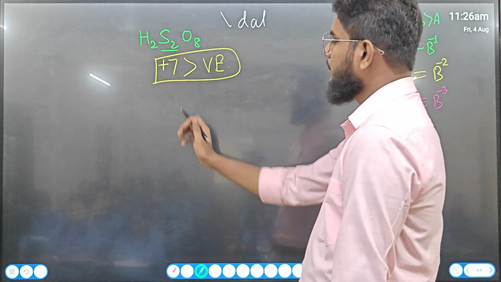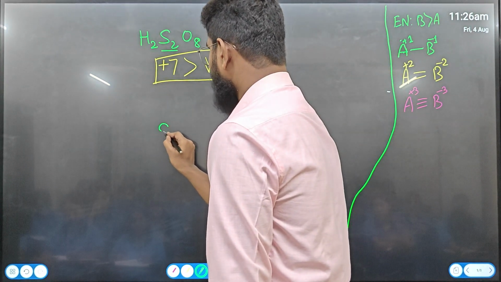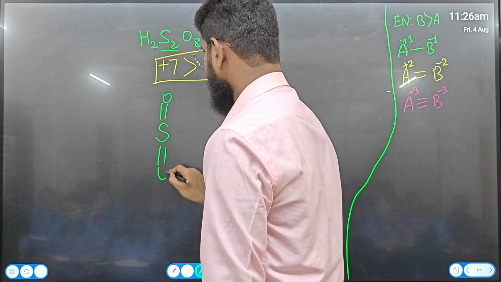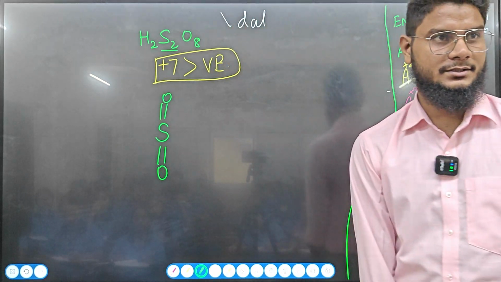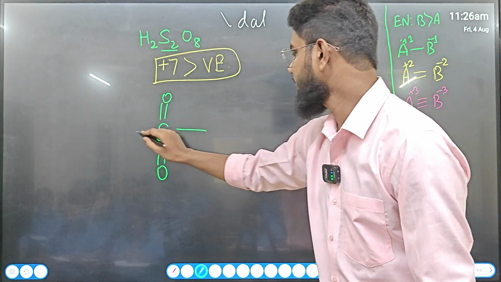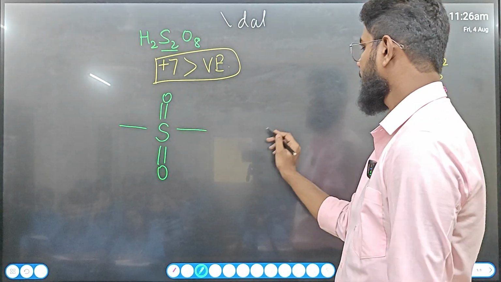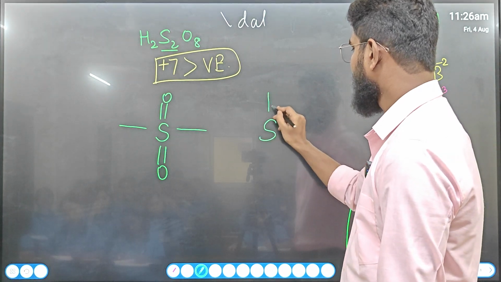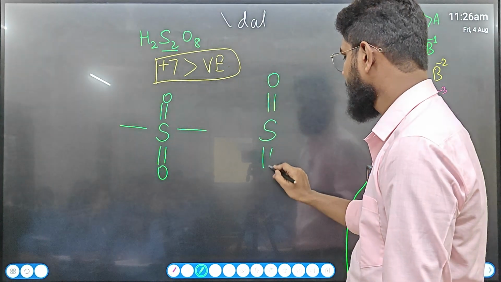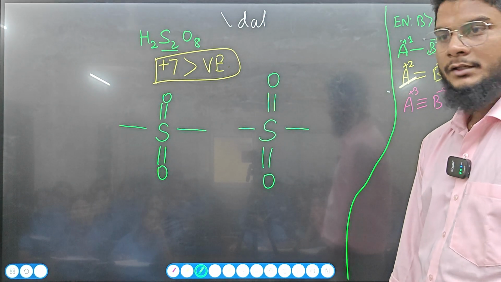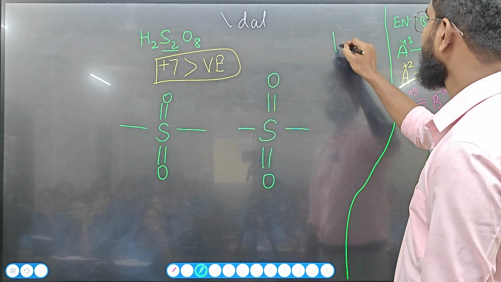So this is the general skeleton of sulfur when it is present with oxygen, right? Same for phosphorus, you have it like this.